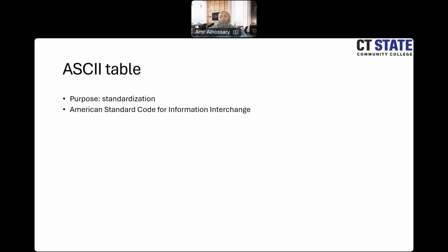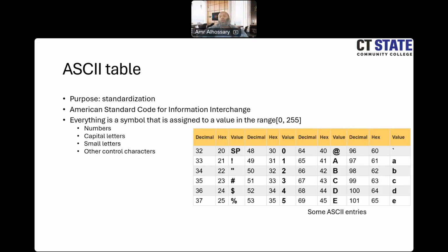And the acronym for this is ASCII. In the ASCII, everything is a symbol, and the symbol is assigned a value in the range from 0 to 255. That includes numbers, capital letters, small letters, and other control characters, symbols, etc.